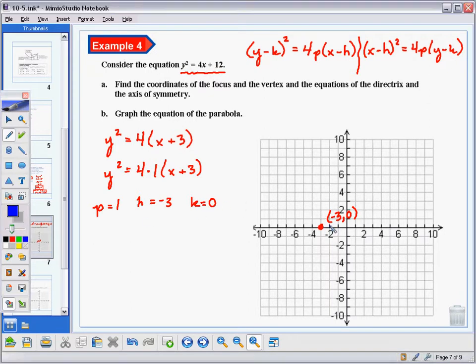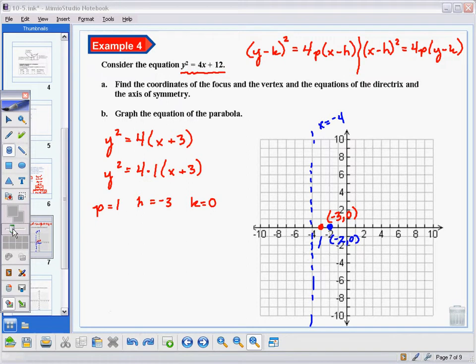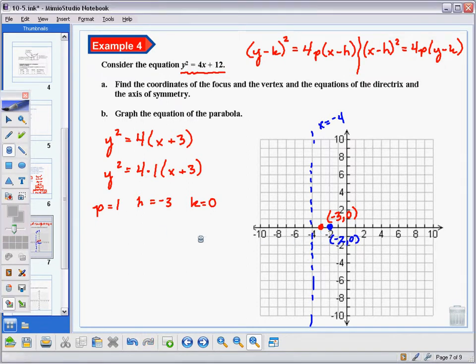So I travel 1 unit to find the focus, which will be at (-2, 0), and negative p units to find the directrix. So that's going to be at negative 4. So my directrix equation is x equals negative 4. Okay, that's not what I wanted to do. Too large of an eraser there.